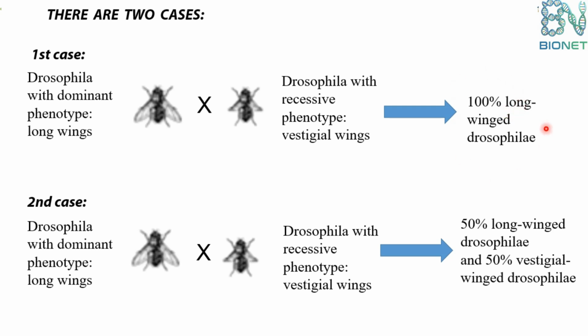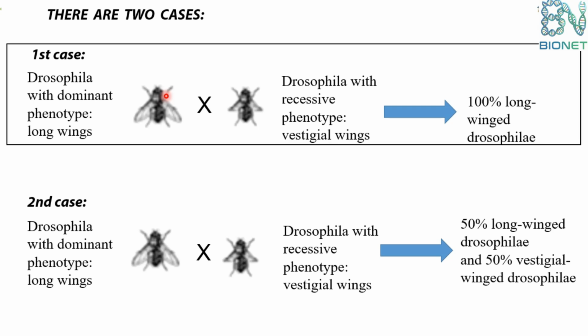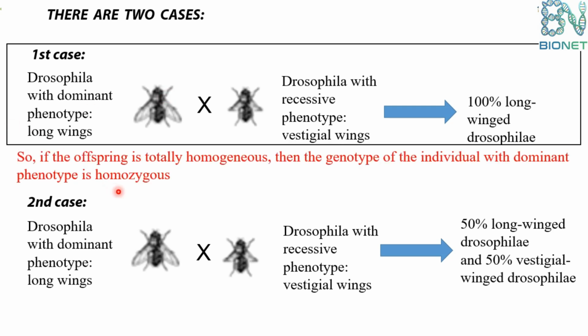So because the obtained generation is homogeneous, all individuals have the dominant phenotype, then this Drosophila is homozygous of genotype LL. So the generation here is homogeneous, then the genotype of the individual with dominant phenotype is homozygous.